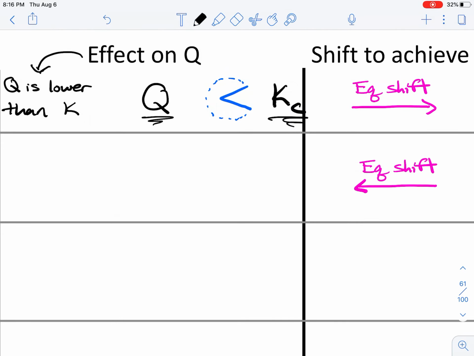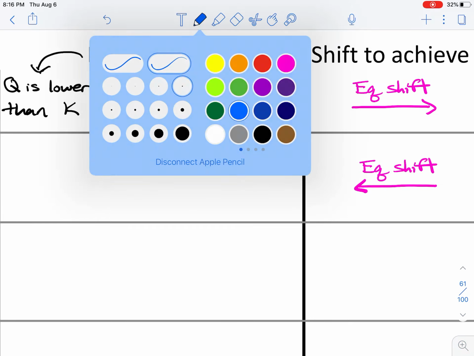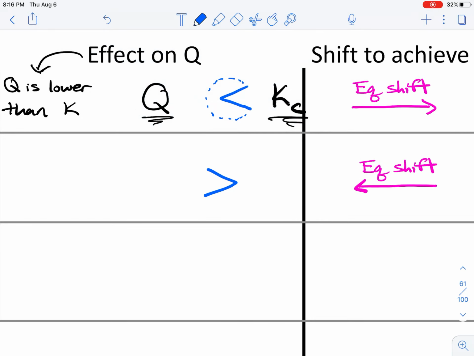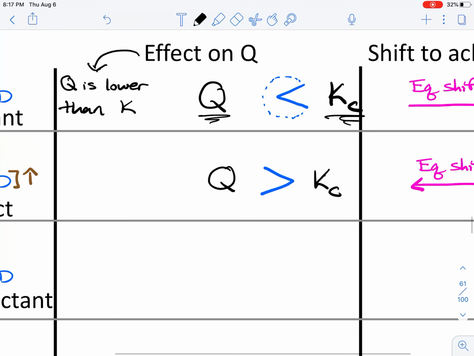Since the mouth of the Pac-Man points in the direction of how the arrow is going to shift, and the arrow is going to shift to the left, the inequality is going to point to the left as well, such that the value of Q is going to be greater than Kc, the equilibrium constant Kc. And so Q is greater than Kc.